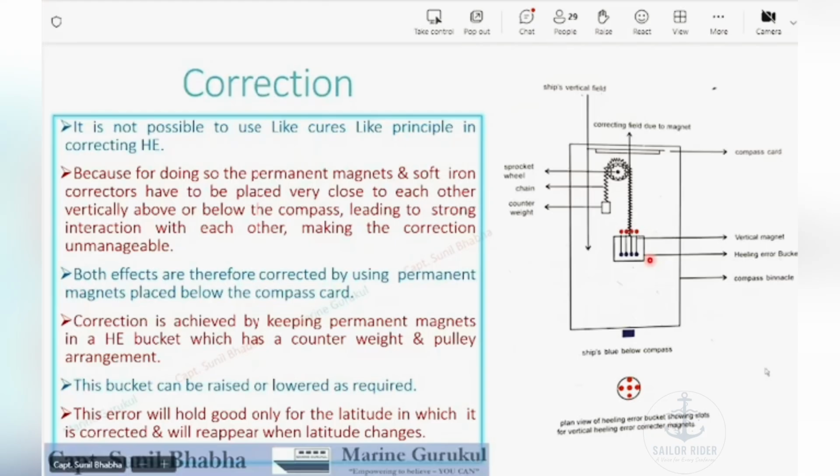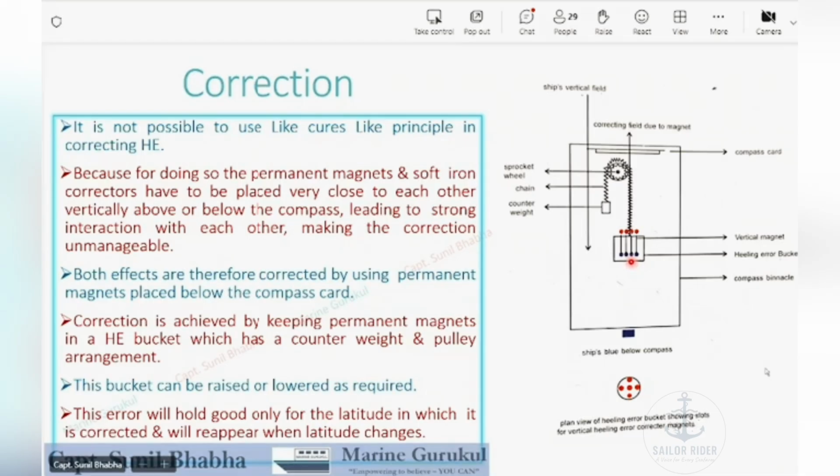as the latitude changes. If a ship has a very strong induced heeling error component, if it crosses the equator, goes from one hemisphere to another, north to south or south to north, the direction of the Earth's magnetic field changes. In the southern hemisphere, magnetic field lines come out of the Earth structure. In the northern hemisphere, magnetic field lines go into the surface of the Earth.